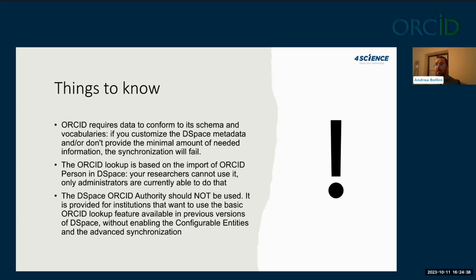Of course, this means that often your researcher will need to reach your administrator, because the researcher will not be able to fix this metadata directly, because they cannot edit an already archived publication or project to improve the metadata quality.